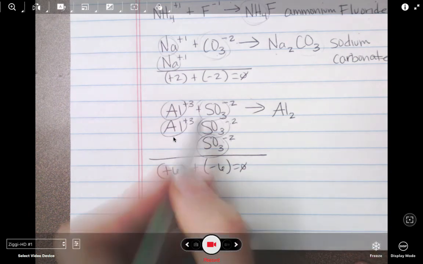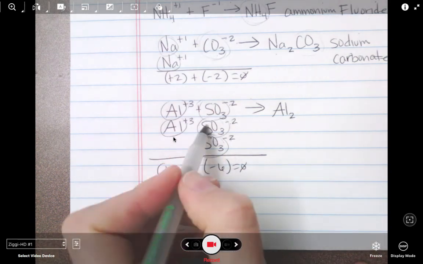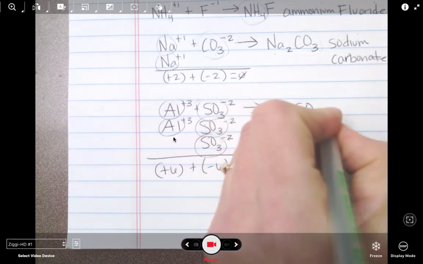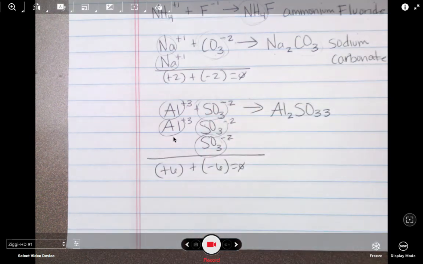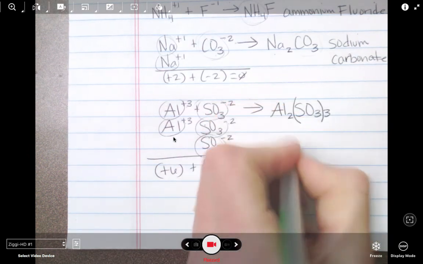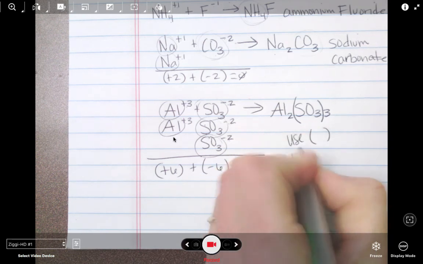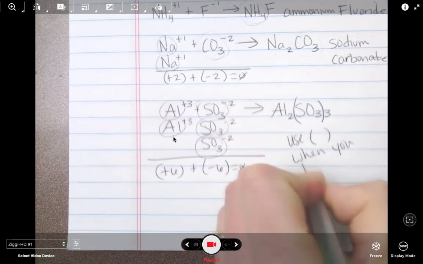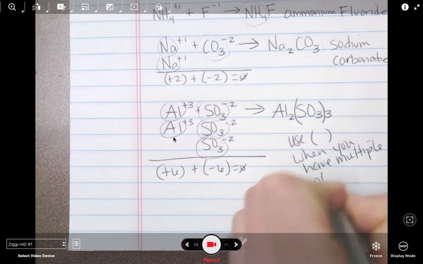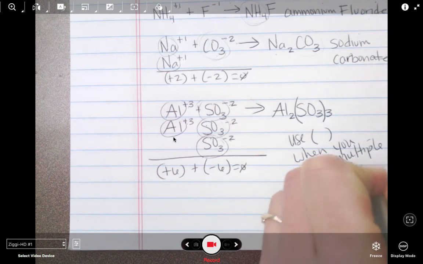So here's the trick. Because there are multiple, if I wrote it like this, it looks like I have 33 oxygens. That's not true. You have to use parentheses when you have multiple of a polyatomic ion.